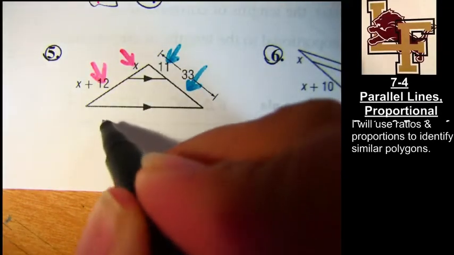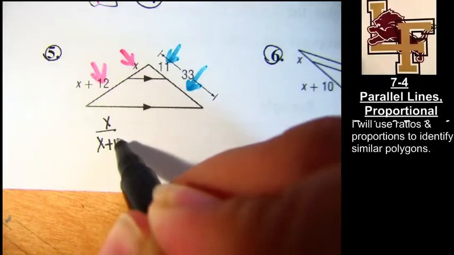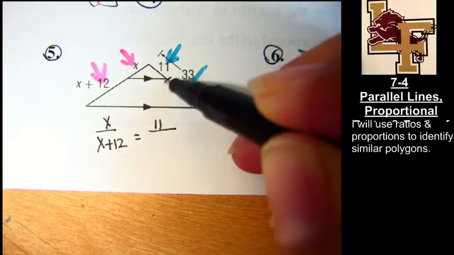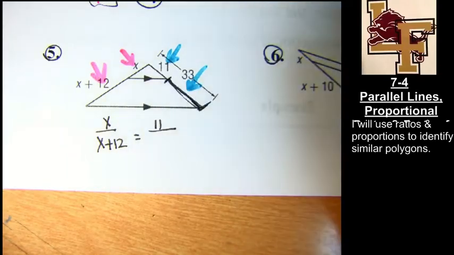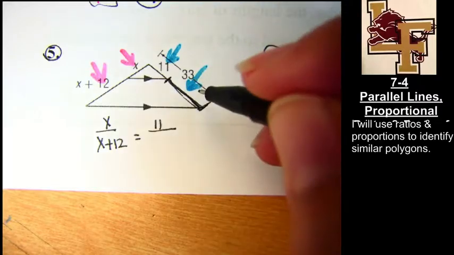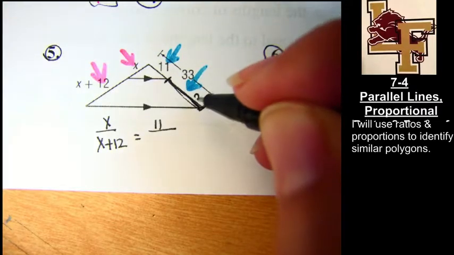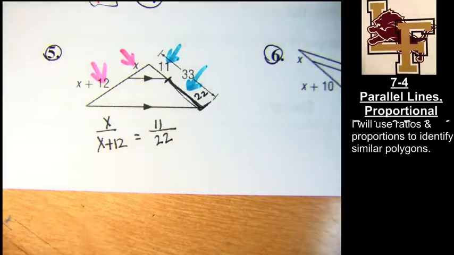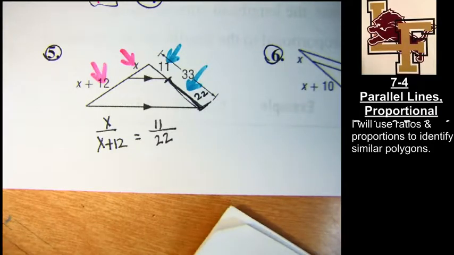So my fraction can be... I just need to figure out what this piece is. Oh yeah, 22. Would anyone like to see this one get solved? Yes? Okay. Because I want to write a little big and I'm a little out of space here, I'm going to do it on another sheet of paper.